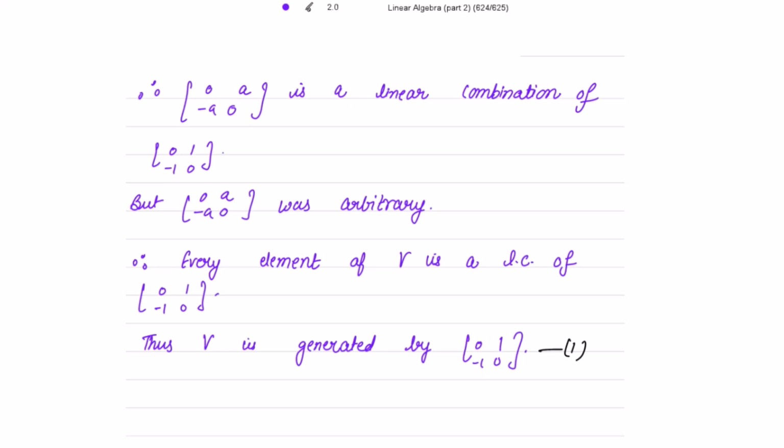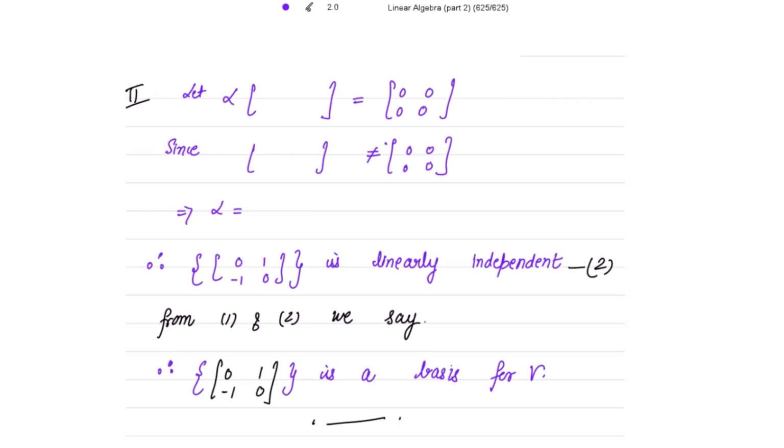To check whether it is linearly independent or not, I must take one scalar because I have only one matrix. So let alpha be that scalar. So alpha [0, 1; -1, 0] is equal to [0, 0; 0, 0]. Now from here, can you see that this matrix can never be 0? Of course, this matrix cannot be equal to the 0 matrix.